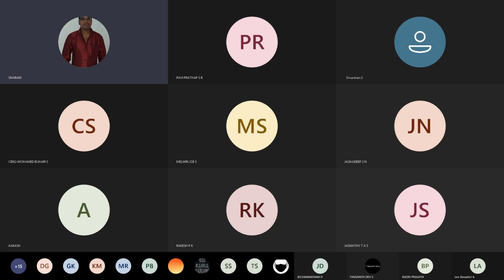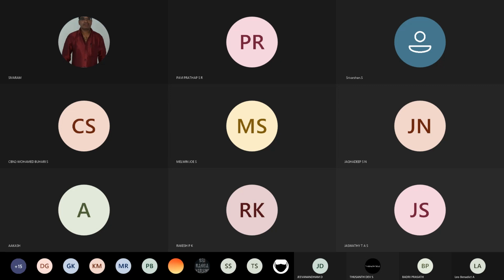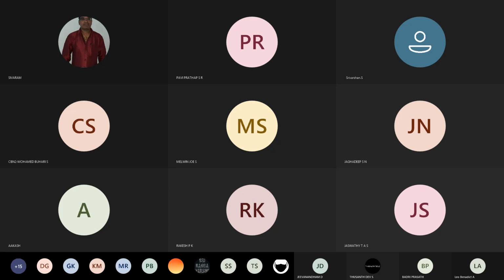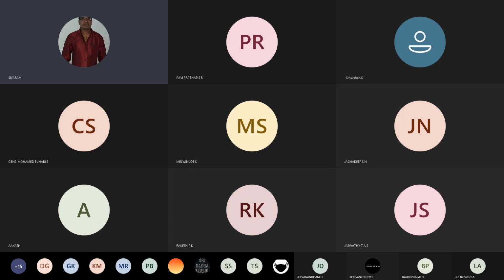These pollen grains are carried either by the wind or other agents like water or animals like insects, birds, reptiles, mammals, and they finally transfer to the stigma. This process of transfer of pollen grains from anther to the stigma, we call pollination.